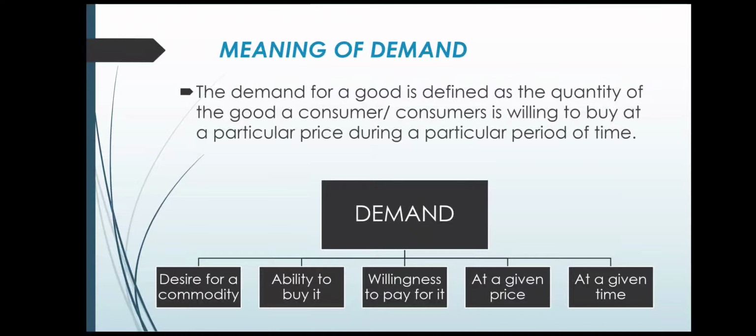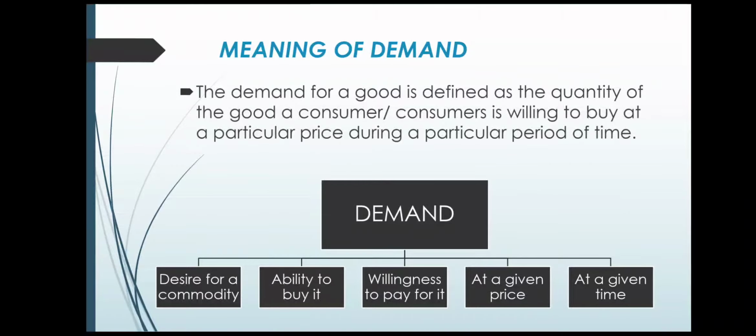So, meaning of demand. The demand for a good is defined as the quantity of the good a consumer or consumers is willing to buy at a particular price during a particular period of time.